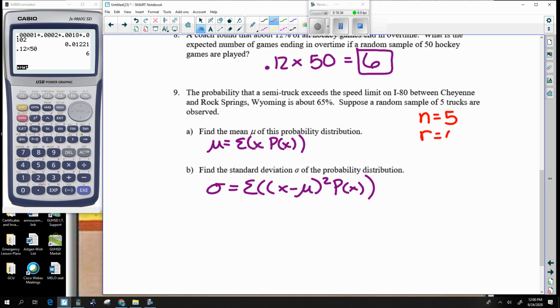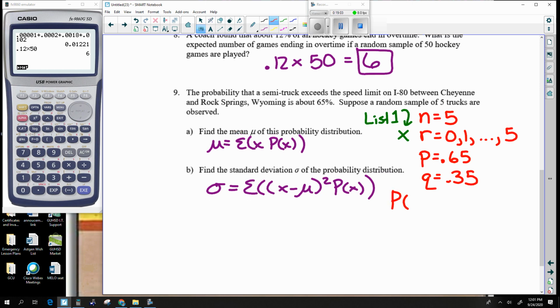R could be 0, 1, all the way up to 5. This is kind of like x. It's the same difference. Okay, so that is most likely going to be list 1. We have a probability of success being, in this case, 65%. That means failure is 35%.